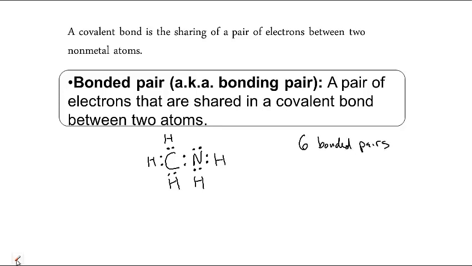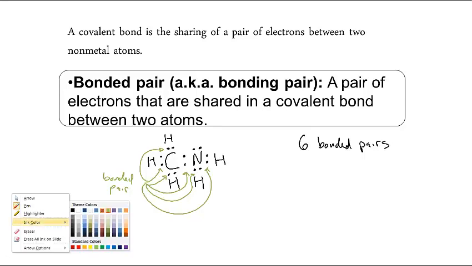So if you didn't get 6, each of these 2 electrons that connect 2 atoms in a covalent bond count as a bonded pair. So any 2 electrons that are connecting nonmetal atoms in a covalent bond are considered to be a bonded pair. Now, what about this last little pair over here?